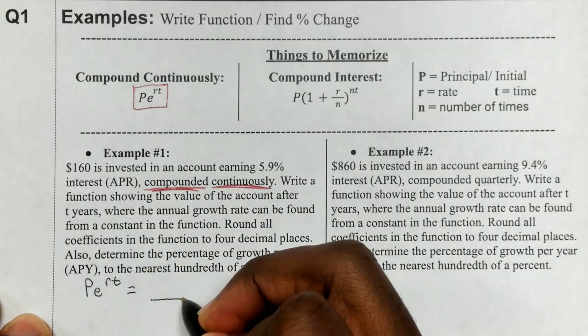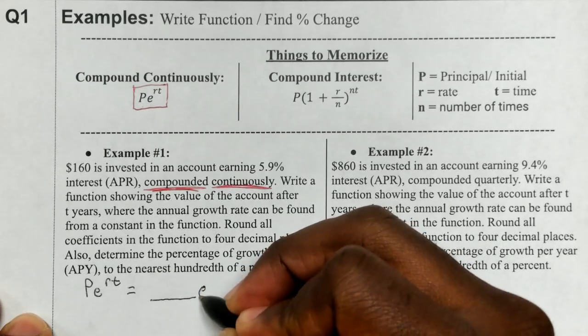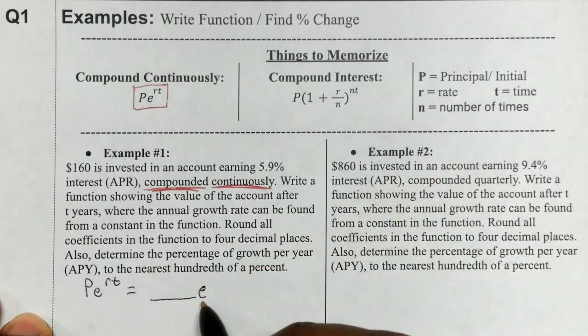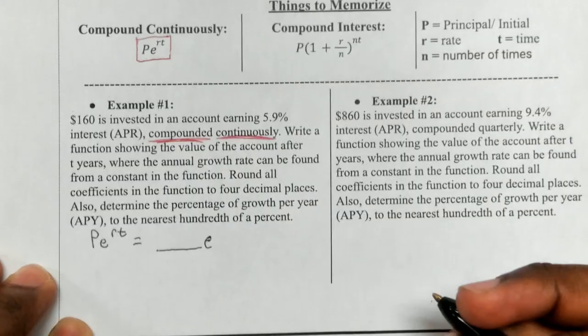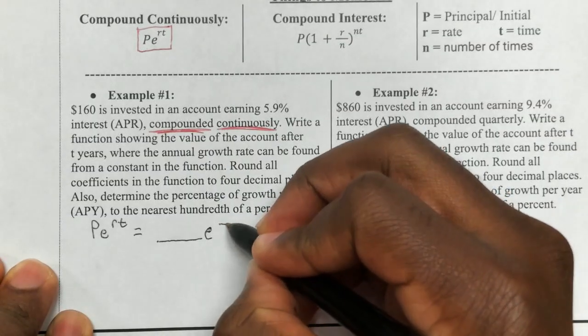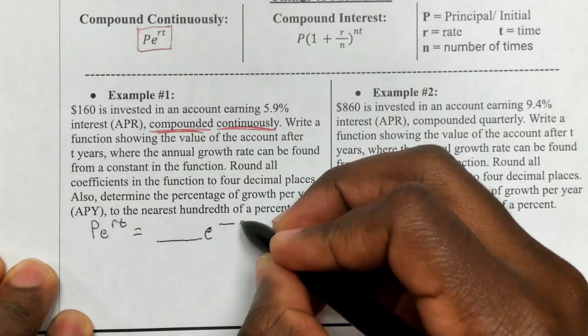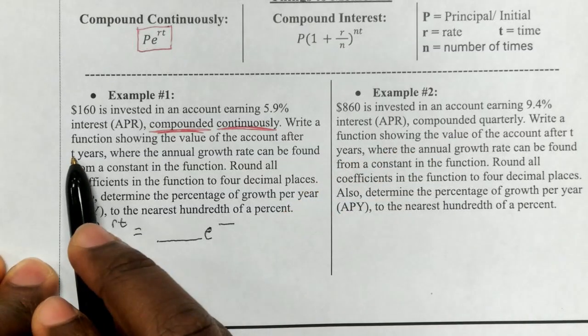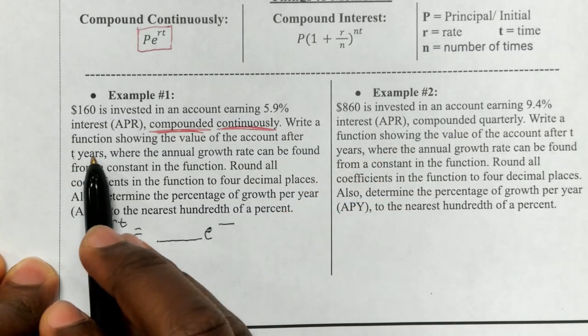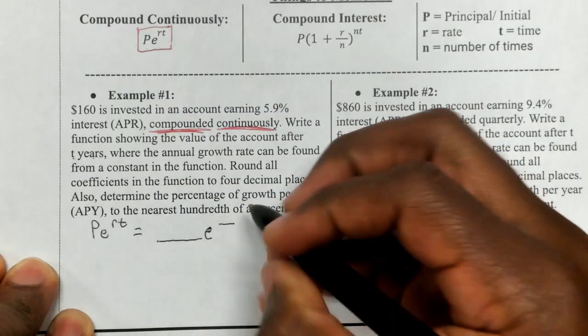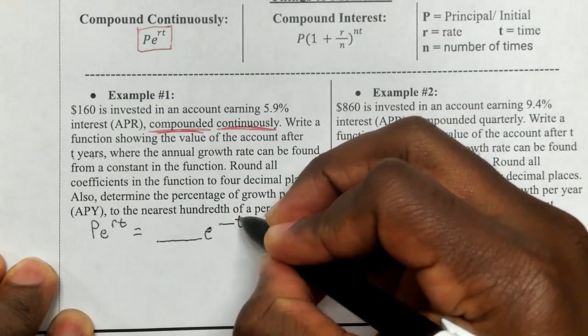Where there's some number that represents P, e always will stay the same because e represents some numerical value, some number that represents your r, and then something that represents the t. But in this case, it says t is years, so t years. So it doesn't tell us how many years, so t would stay the same. Okay?